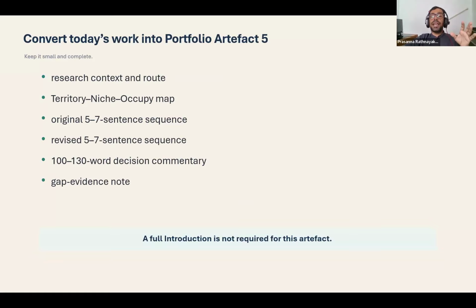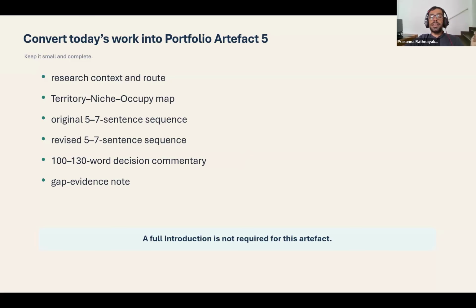So, we are going to connect this activity to the portfolio, right? Portfolio artifact 5 is not a full introduction. It should have 6 compact components: your research context and route, the TNO map, the original sequence, the revised sequence, a short decision commentary, and a gap evidence note.